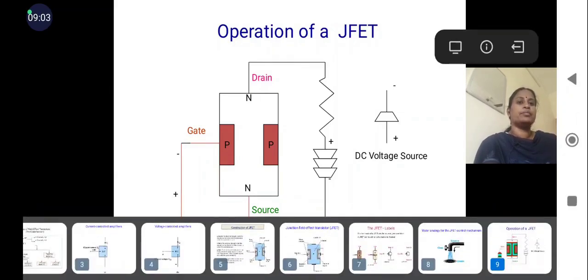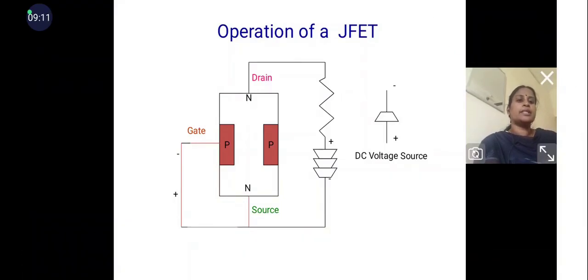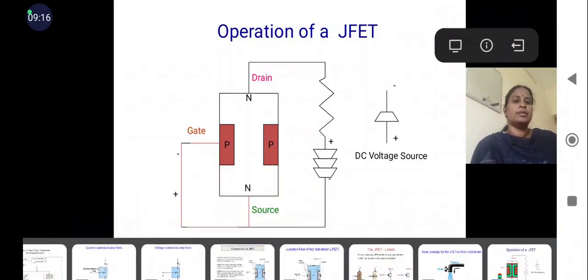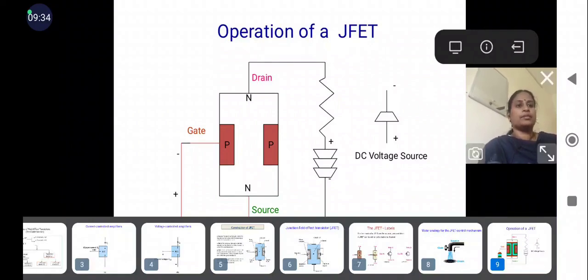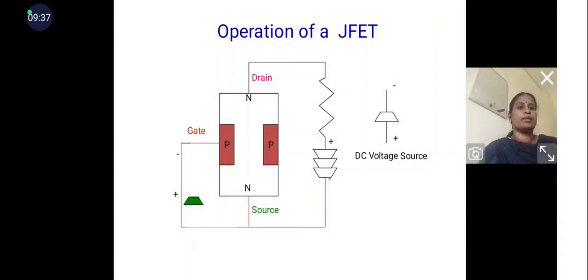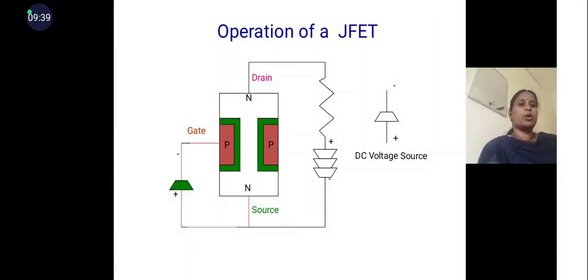Now, while increasing the supply voltage, the gate will be closing, so that the current flowing from drain to source will be controlled, so that always the electrical analogy will be compared with the water analogy. You can see the operation here.